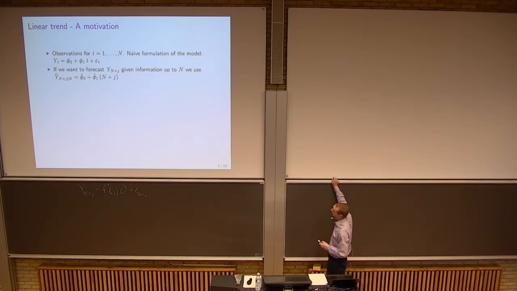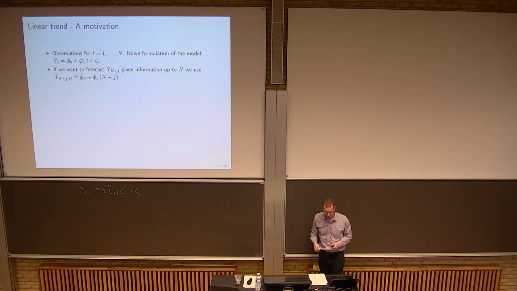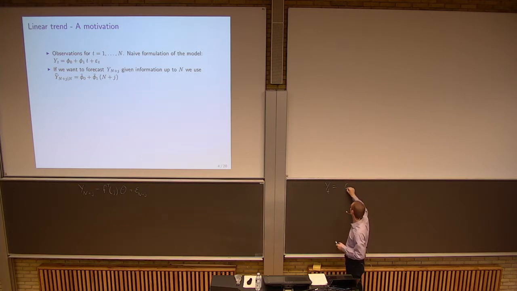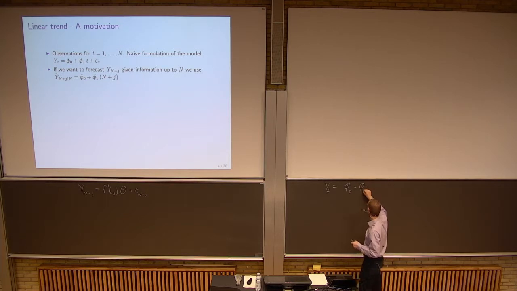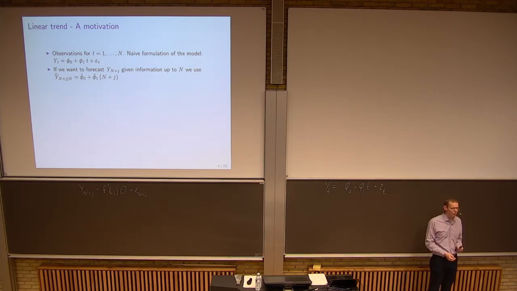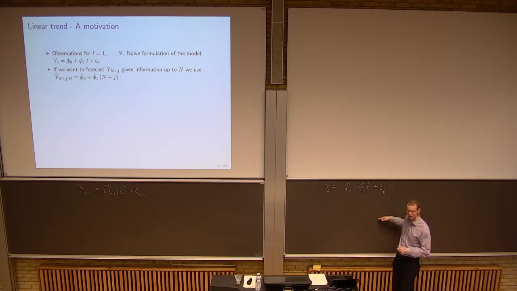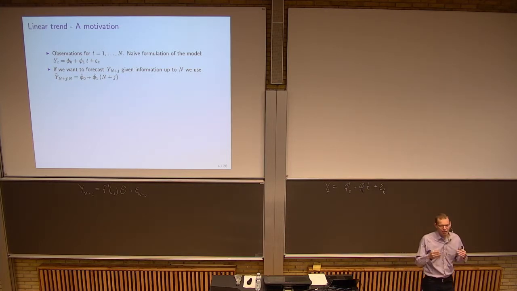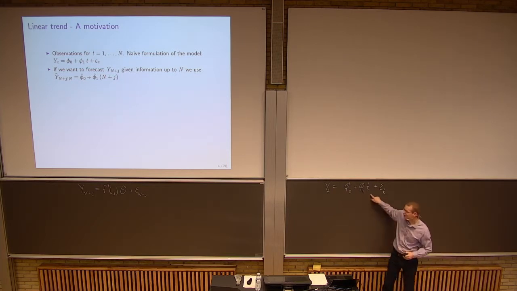If we look at the observations, we have the model y_t equals phi 0 plus phi 1 t plus epsilon t. Now, given a number of observations of this kind, given what we did last week, how would we solve to find the parameters?